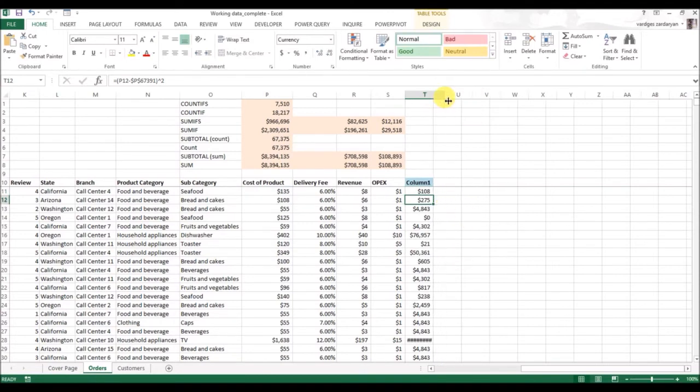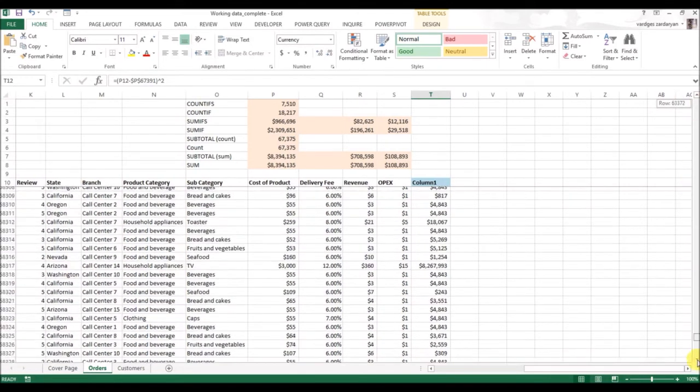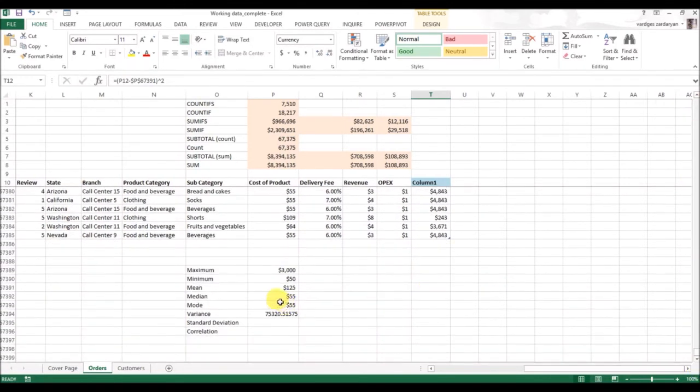Now, for this column, let's calculate the average. Let's copy this formula here. And we got the same value as here.